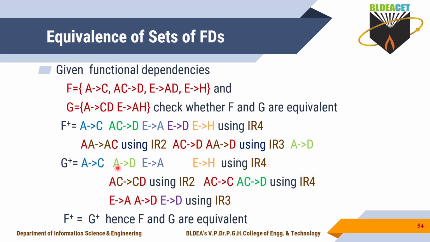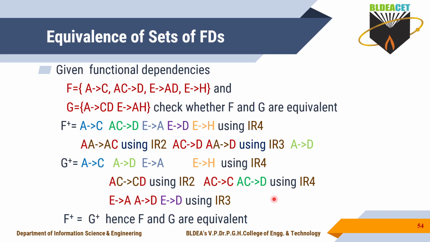After applying it to the given functional dependency A determines D, using the augmentation rule, I added C on both sides. Once again I use the decomposition rule, that is AC determines C and AC determines D. In the same way, here E determines H is given and E determines A is given, and A determines D is also there.